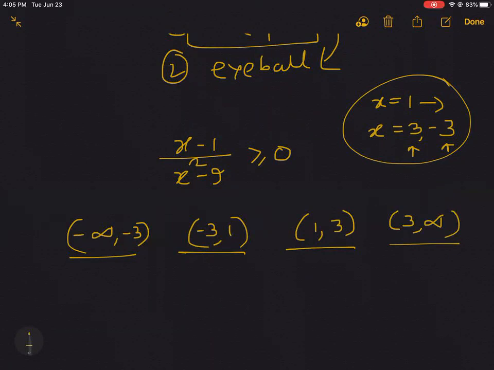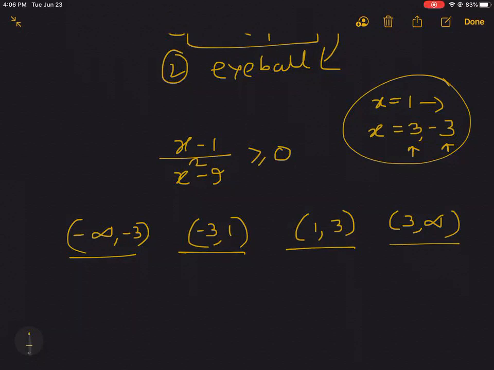Now how can we use this to find our result? The answer could be found just the way we have done.